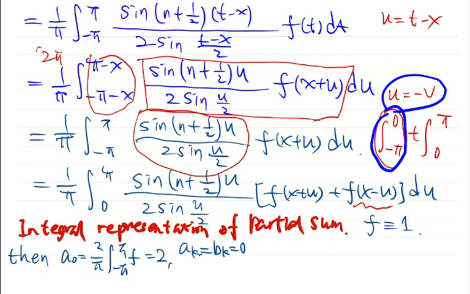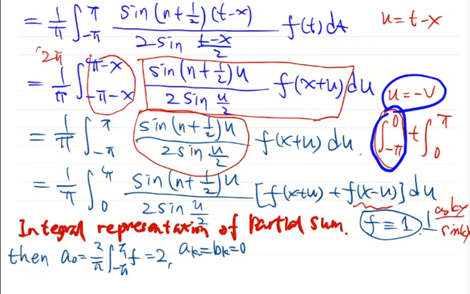Okay, this is also because the function 1 is orthogonal to cosine kx and sine kx. And the ak and the bk are obtained by the integral of f(x) cosine kx, and because now f is 1, perpendicular to cosine kx and sine kx, the integral, that is the inner product, must be 0.